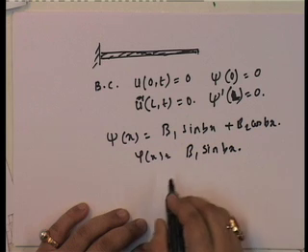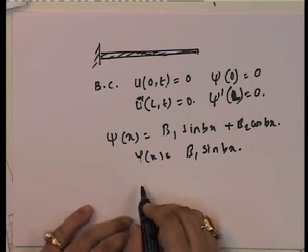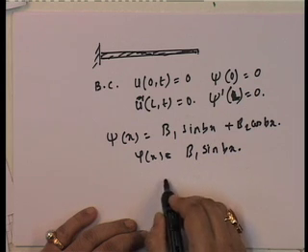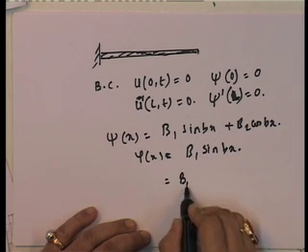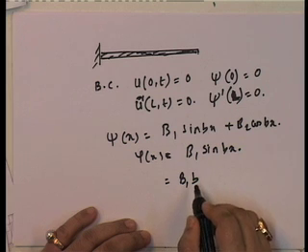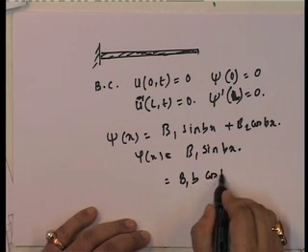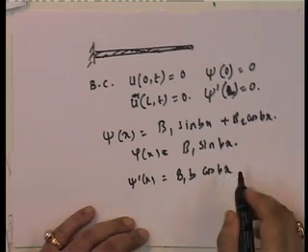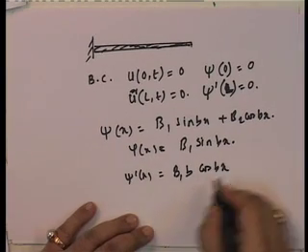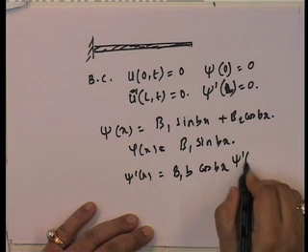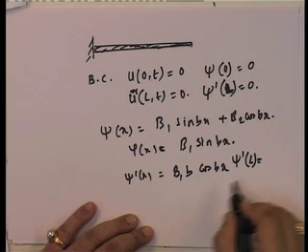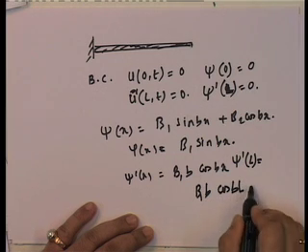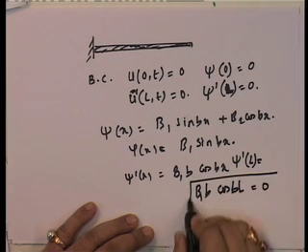So, that means xi x is of the form B1 sine Bx. Now, we differentiate this, and what do we get? B1 into B cosine Bx is xi prime, and so xi prime L is equal to B1 B cosine BL is equal to 0.